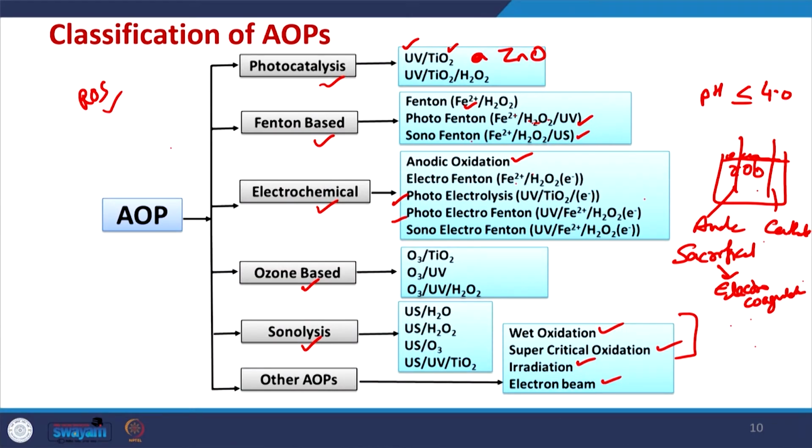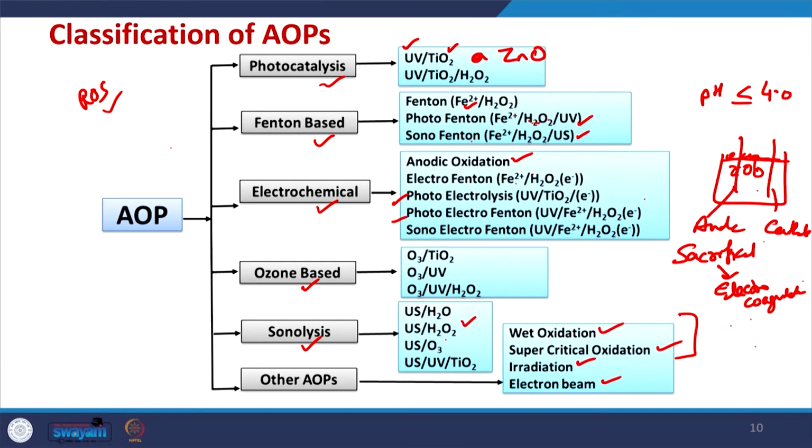Similarly, ozone based wastewater techniques can also be used. In the ozone based techniques we generate ozone in situ or outside using different methods, and then it is diffused into the water, and these ozone molecules combine with different organic contaminants present in the water and convert them into CO2, H2O etc.